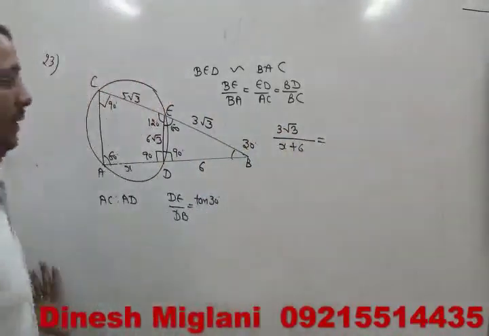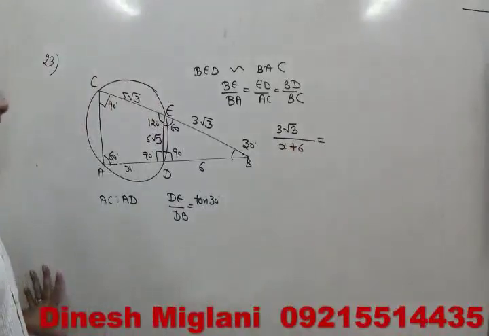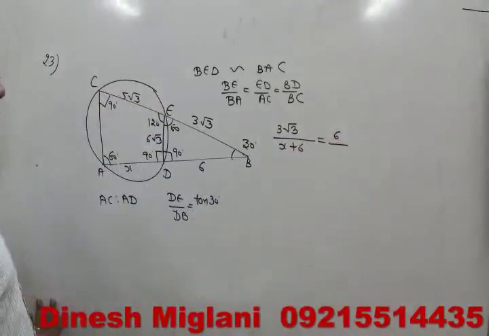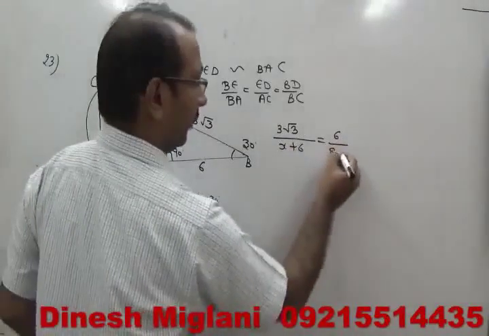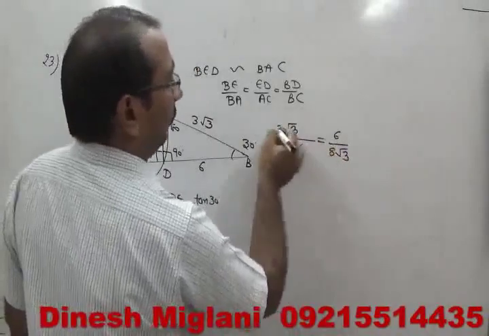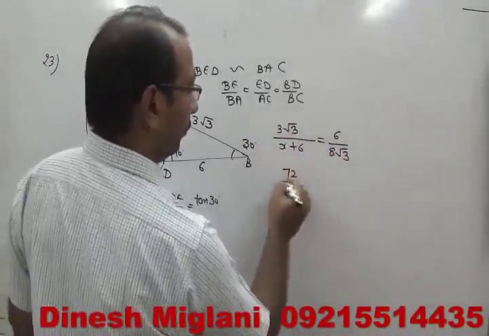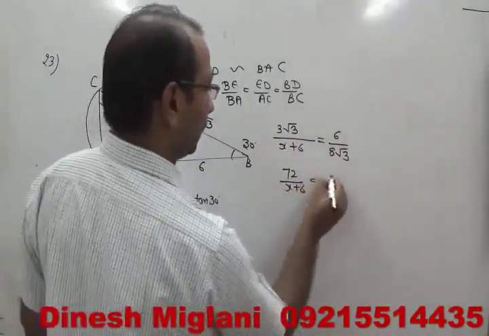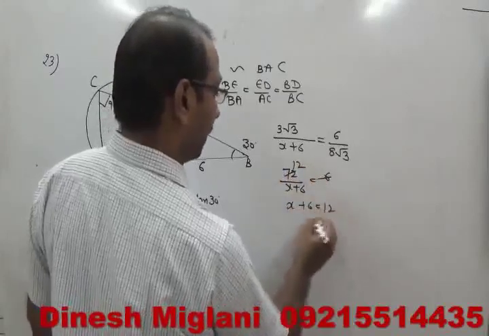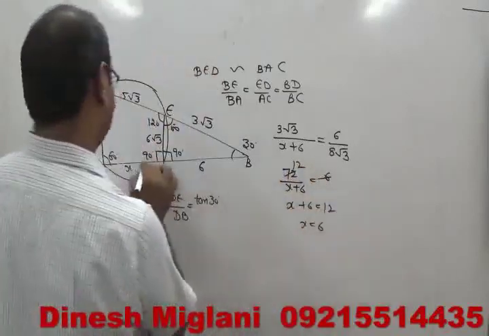Then further, when we talk about BD, that is equal to 6. BC is equal to 8 root 3. Now from here I can find X. Let us cross multiply. 24 into 3, 72 by X plus 6 equal to 6. 6 will go on 12. So X plus 6 equals 12, X equals 6. So you are getting this value to be 6.